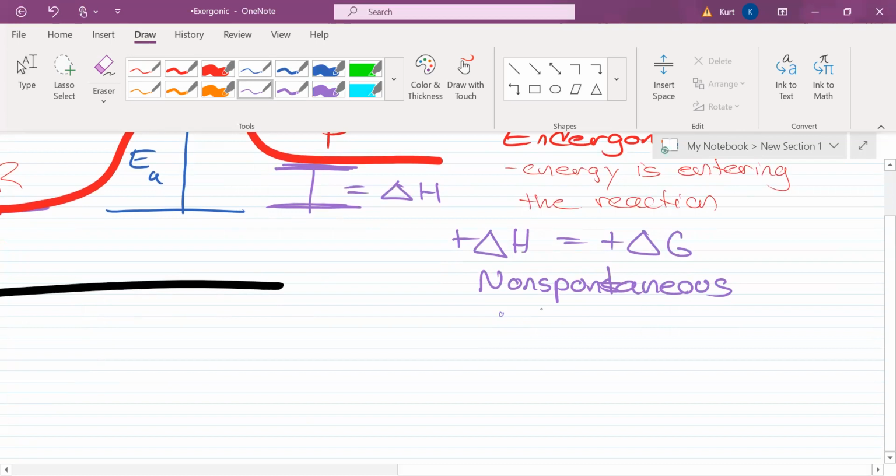This would mean that this reaction does require or experience energy input to the system.